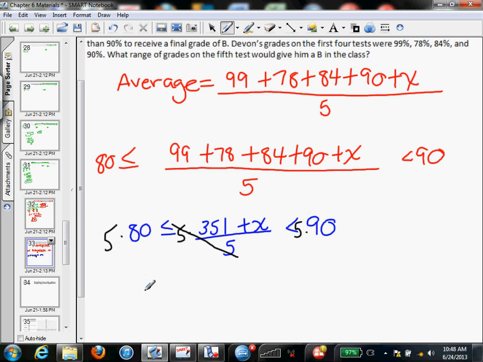So 5 times 80 is 400. Bring down our inequality. So we have 400 is less than or equal to 351 plus x is less than 5 times 90, or 450.